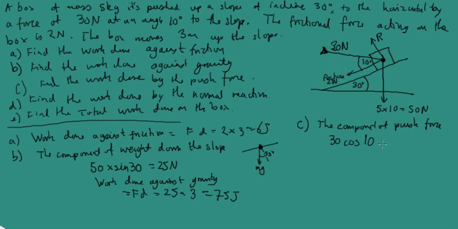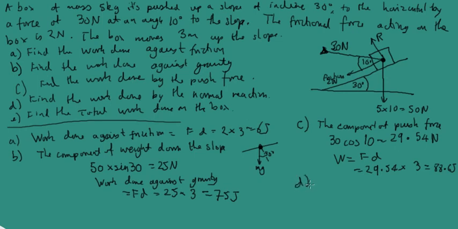So that's cosine 10. So it's going to be 29.54 newtons. That's the component of the force. So the work is F D. So it's 29.54 times the distance, which is 3, which will give us 88.6 joules.